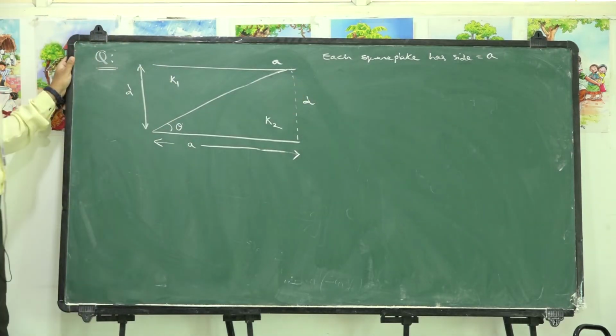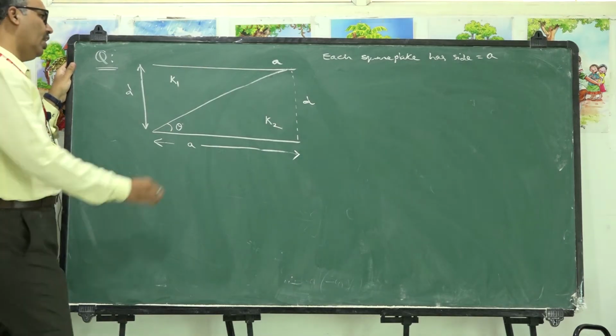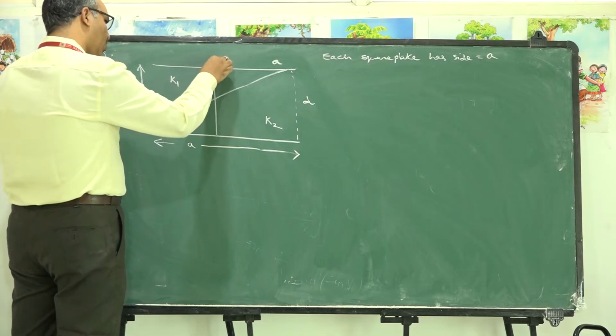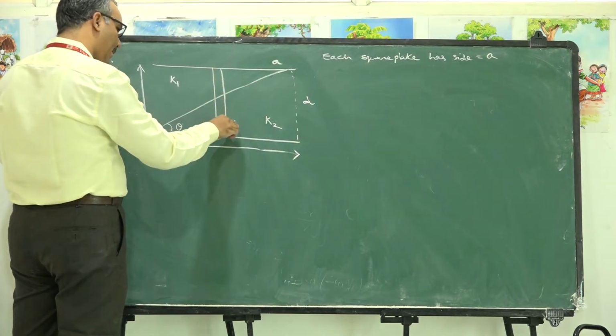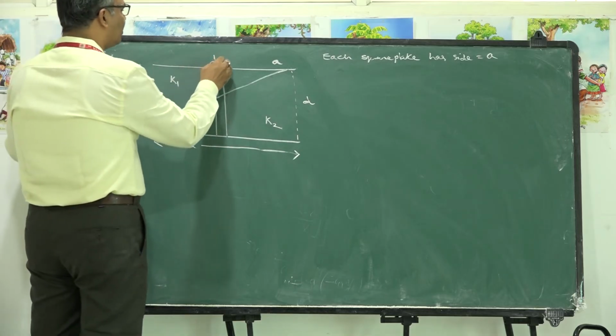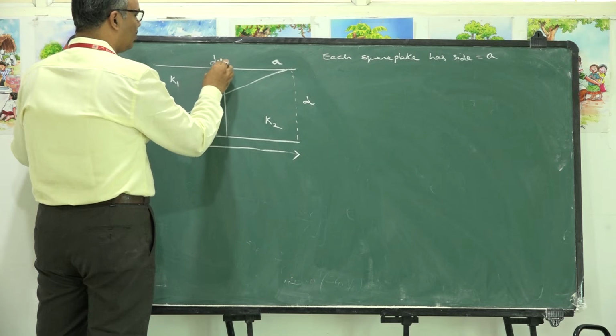In order to find the capacitance of this parallel plate capacitor, let me take a small, very small element here. This element has thickness dx, that means from here to here.